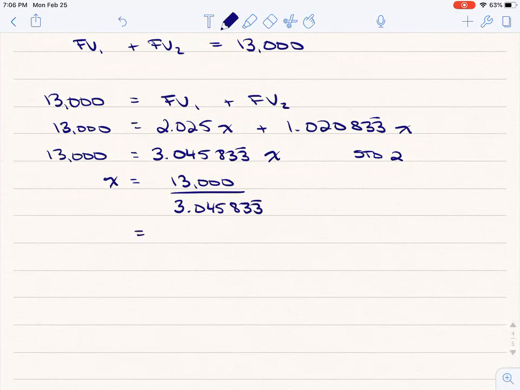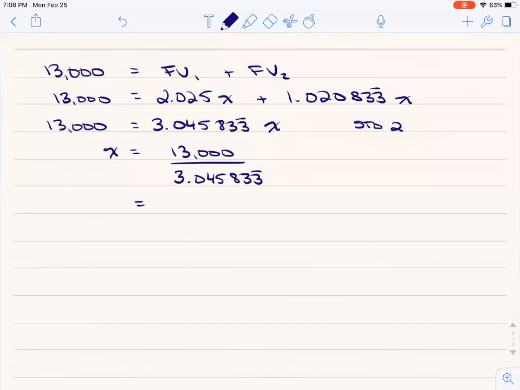So 13,000 divided by recall 2 is 4,268.125855.